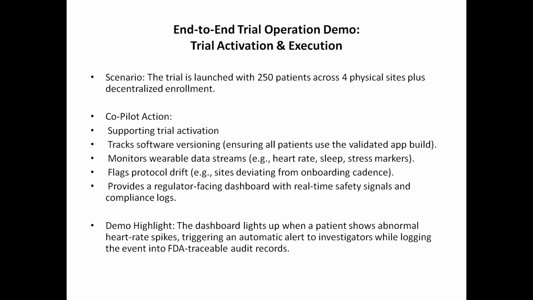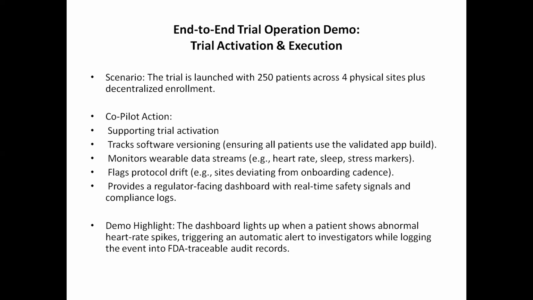An additional process they can support is, for example, launching a 250-patient trial across four physical sites plus a decentralized node, and how to actually activate it initially, right? This is a very important part, and we will show you how to actually activate. This is one of the bottlenecks. It needs a fast track, and then Stephen will show you how we make it possible.